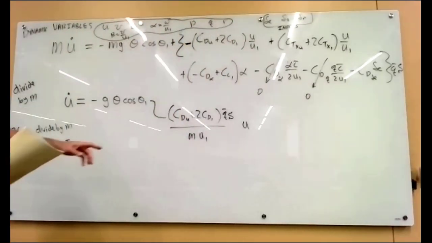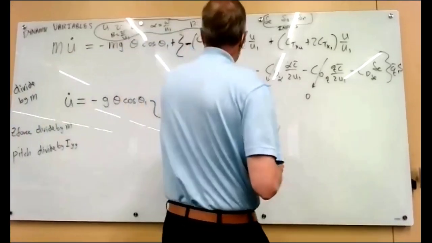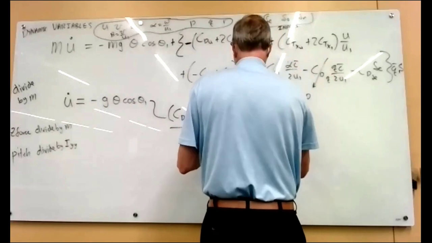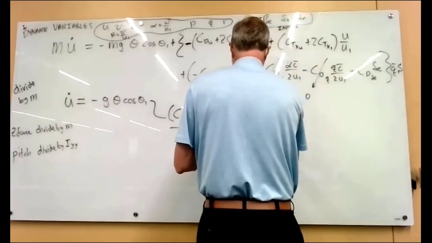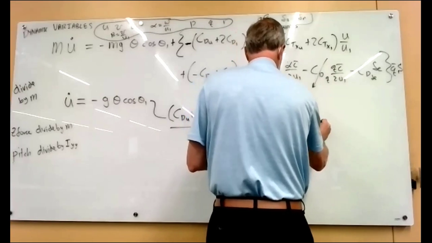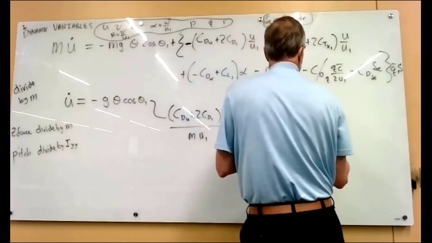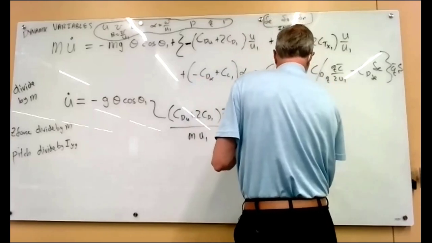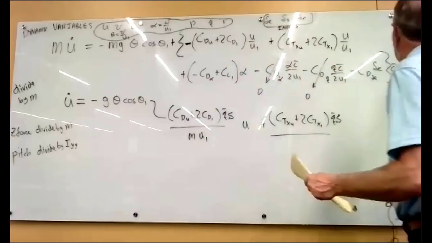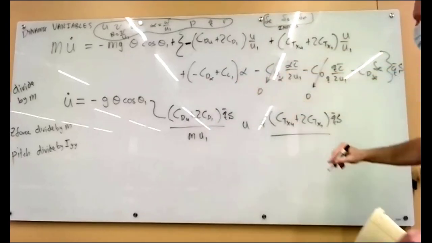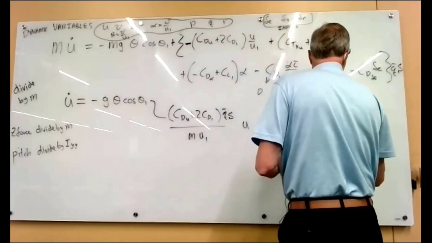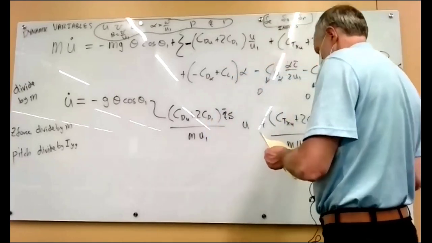All right, so collect all of the non-dynamic variables here. We're going to do the same thing here. Again, each term we're going to multiply the Q bar S into the term. And then our variable out here is u.